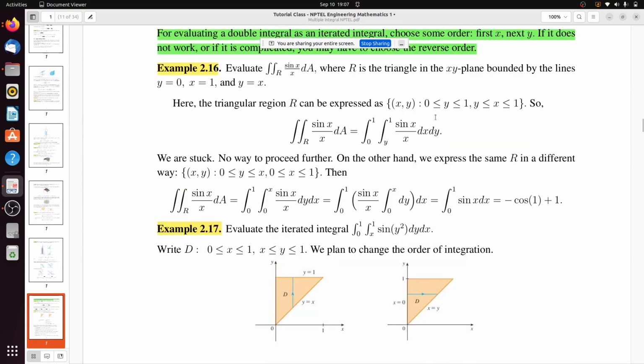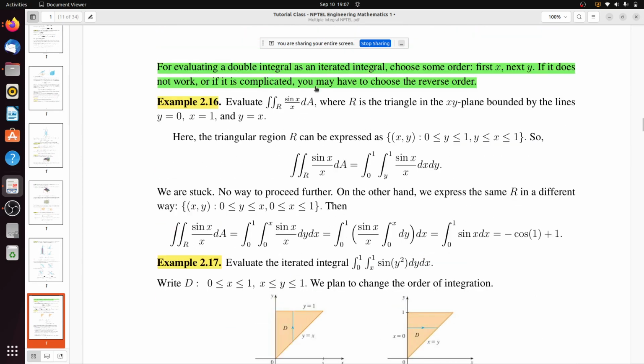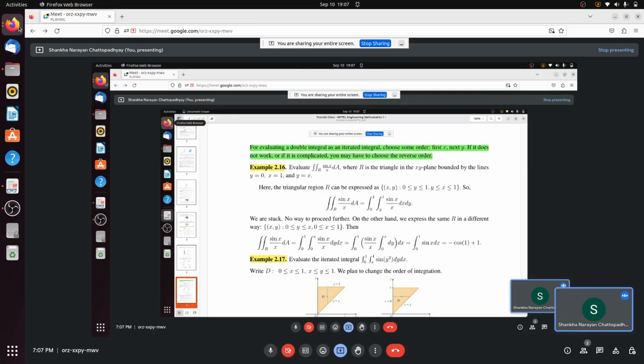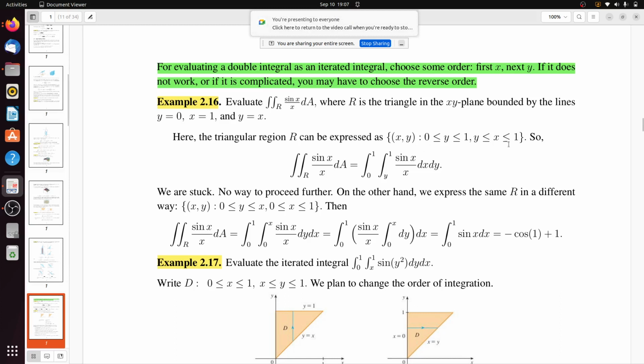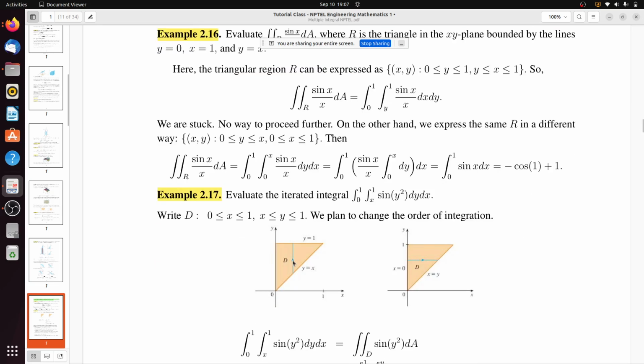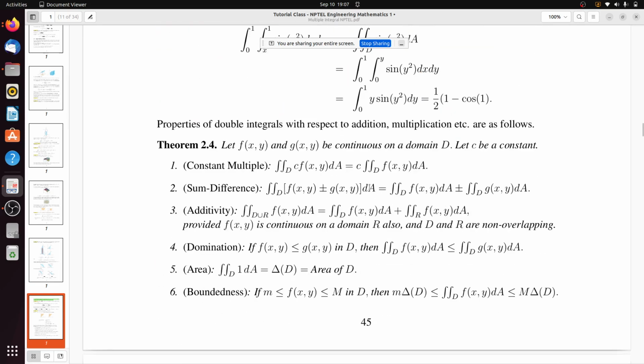Also we have discussed some problems showing when iterated integral is useful: if you have to determine complicated integrals, then iterated integrals help you. There are also some formulas: if f(x,y) and g(x,y) are continuous on a domain and c is a constant, then you can keep this c outside the integral sign.